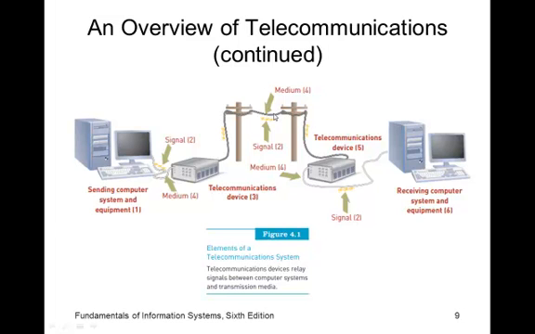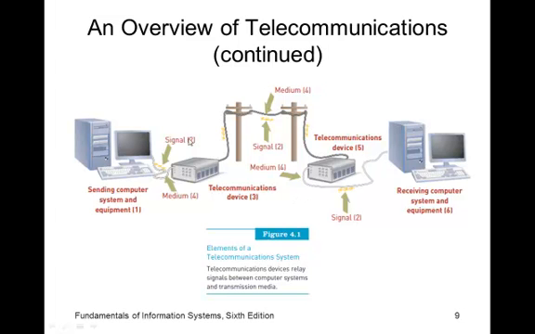This is kind of an old illustration of telephone wires relating to the old dial-up networks. But in general, it is a series of some type of cables that's transmitting these signals. And then finally, on the receiving end, there is a telecommunications device that will receive that signal, using another medium to send that signal finally to a receiving device.